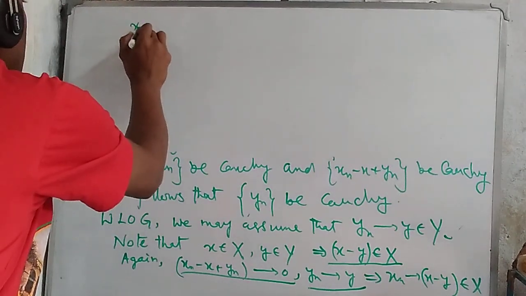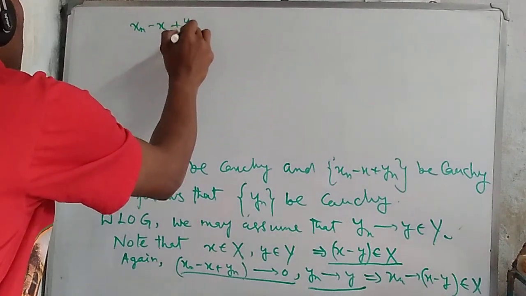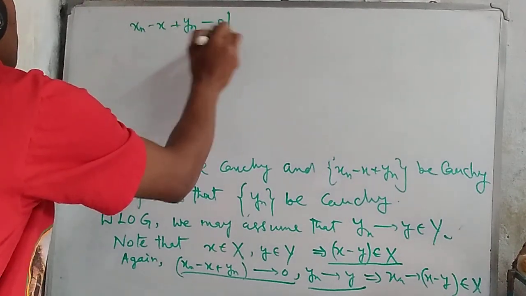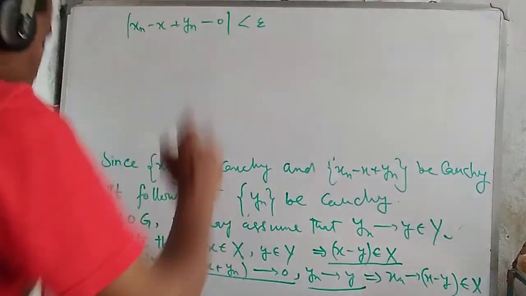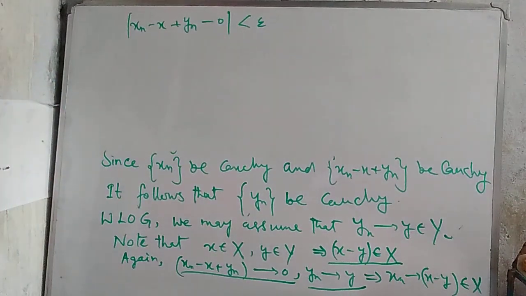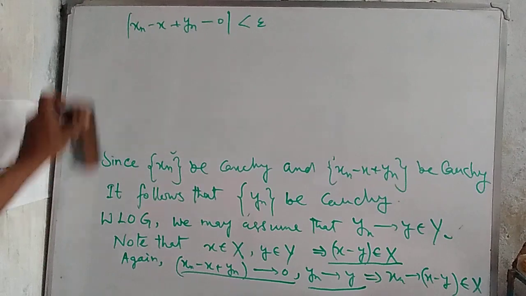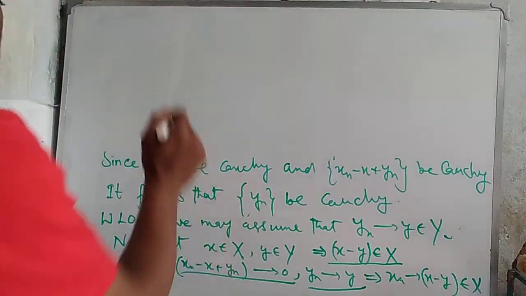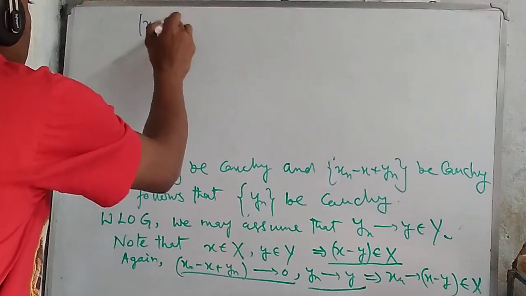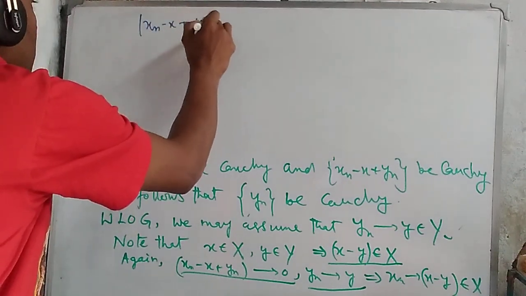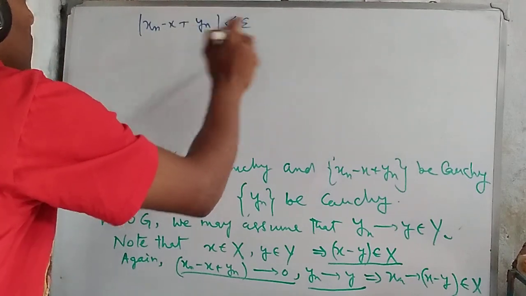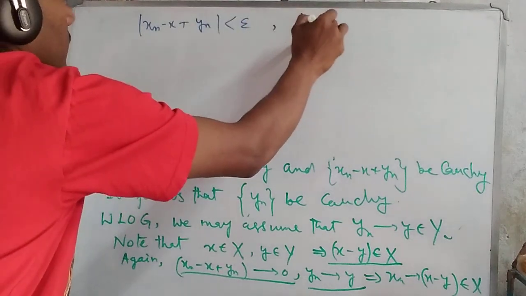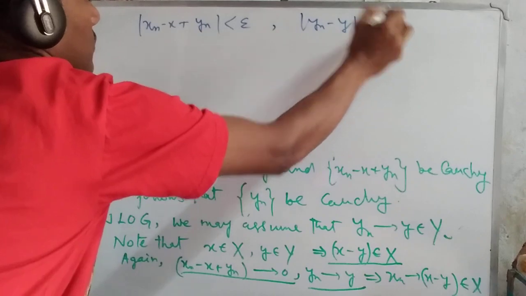Here ‖xn − x + yn − 0‖ is less than epsilon. We write it in another color pen. So here ‖xn − x + yn‖ is less than epsilon, and ‖yn − y‖ is less than epsilon.